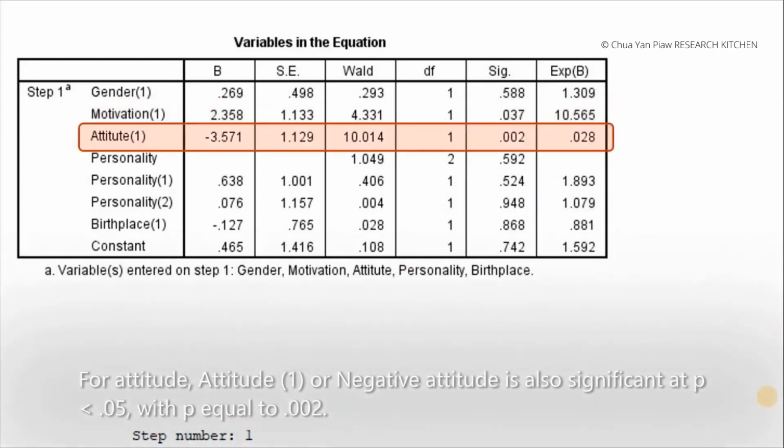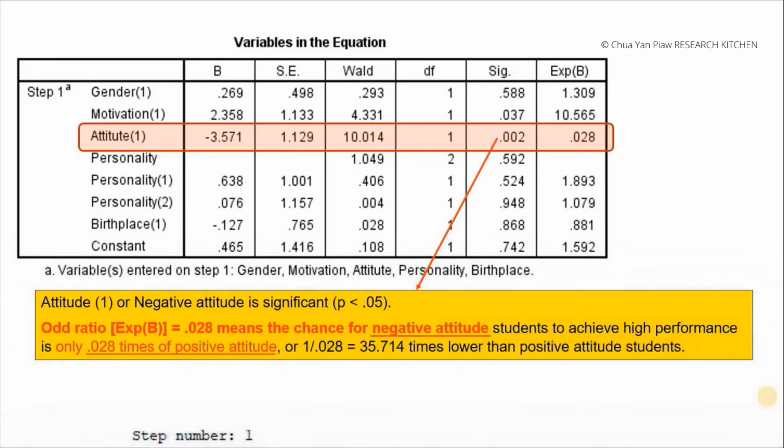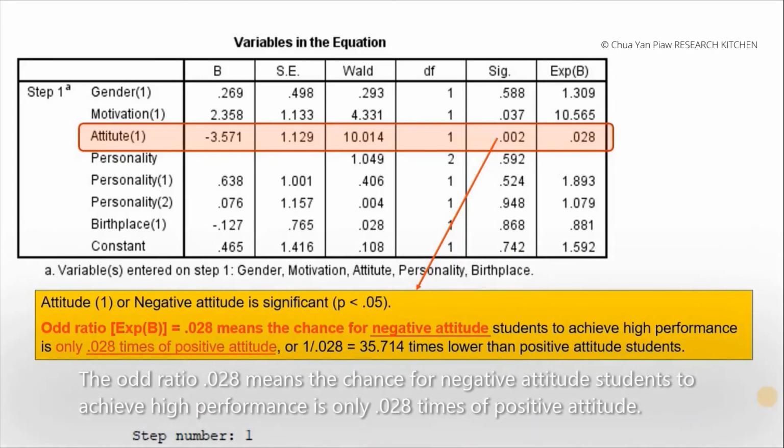Attitude 1, or negative attitude, is also significant at p less than 0.05, with p equal to 0.002. The odds ratio 0.028 means the chance for negative attitude students to achieve high performance is only 0.028 times that of positive attitude students.